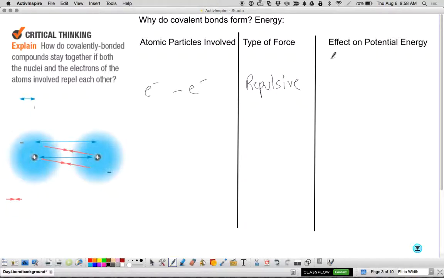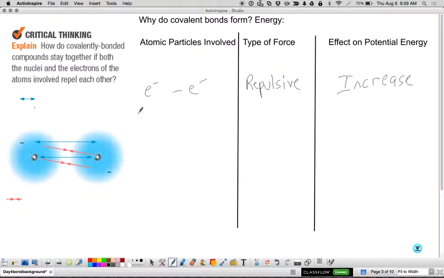Okay, now would that increase potential energy or decrease potential energy? Well, if these two electrons are repelling each other and you're forcing them close together, that would increase their potential energy. They don't want it. The electrons don't really want to be close to each other. All right, well, so that doesn't really tell us anything because these are repelling each other. So why would a bond form?